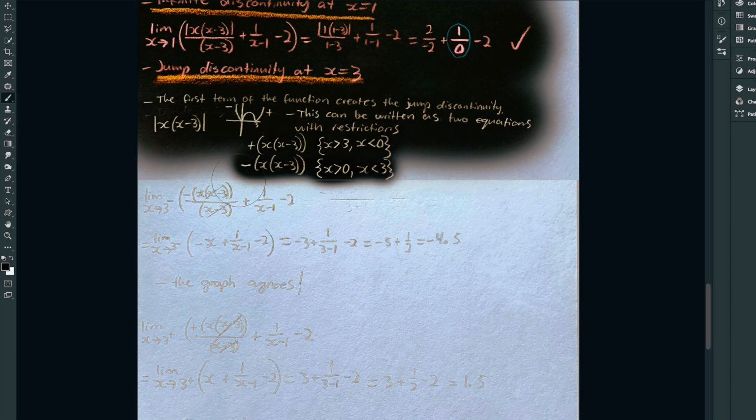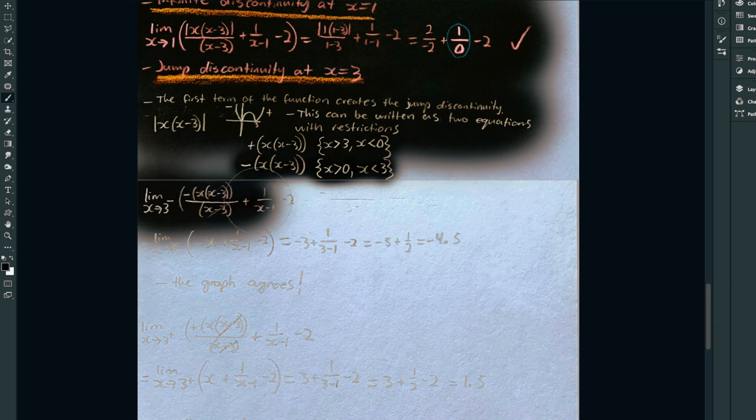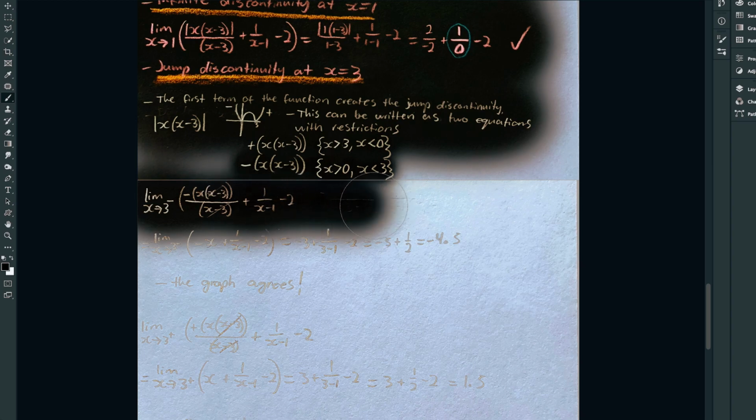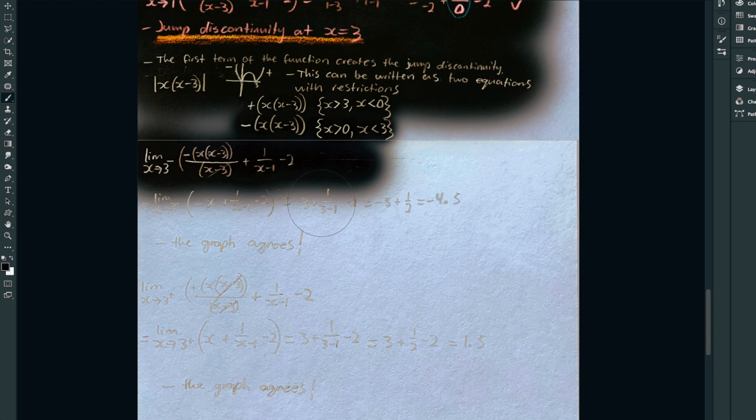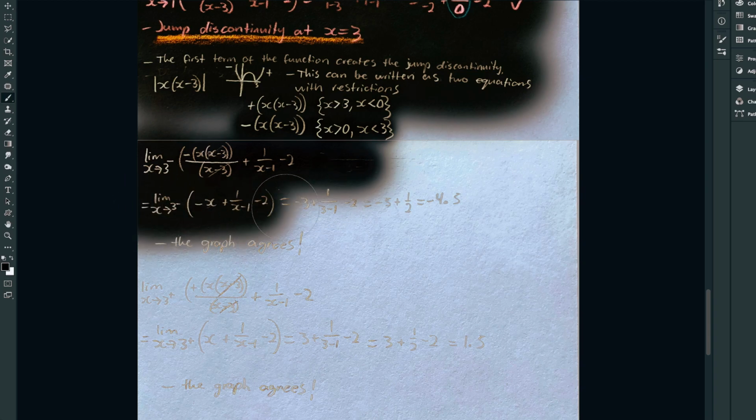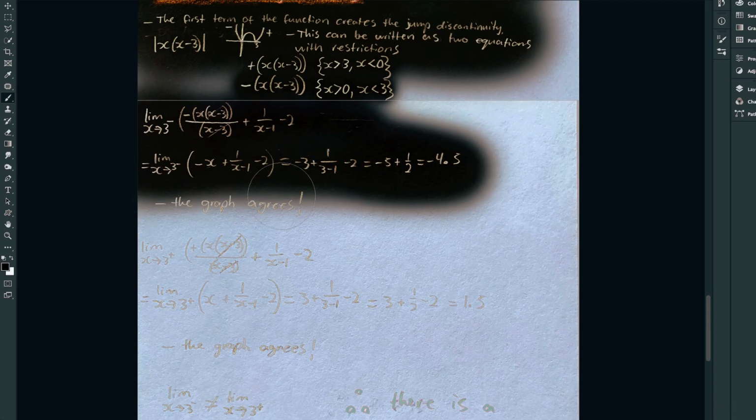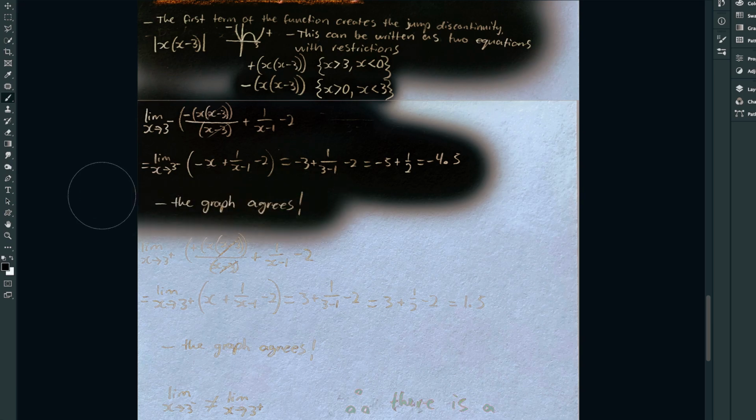So now I was able to use these two different functions to solve for the right and left hand limits as it approaches 3. So as it approaches from the left, we use the negative one, cancel out the babysitter and troublemaker pair there, and it gives us negative 4.5. And the graph agrees with this when you approach 3 from the left.